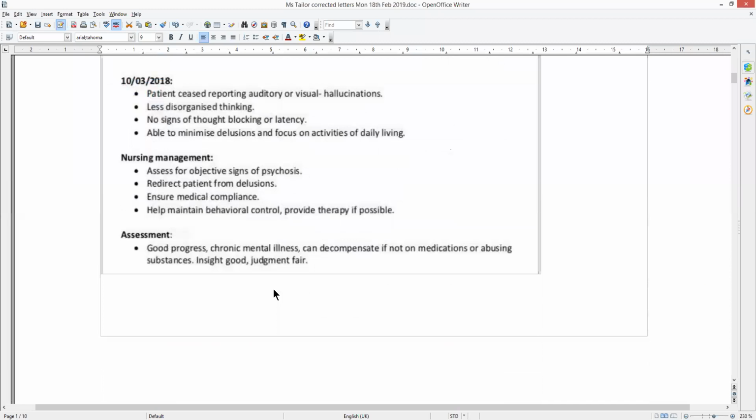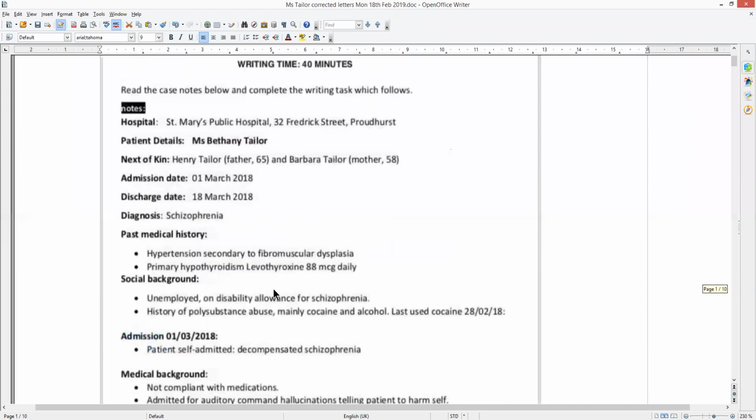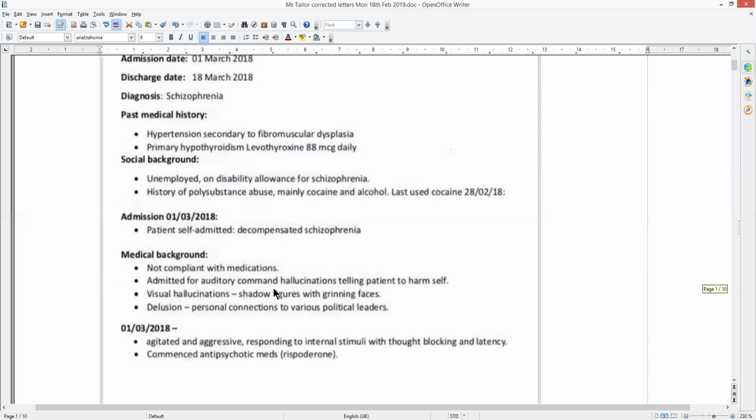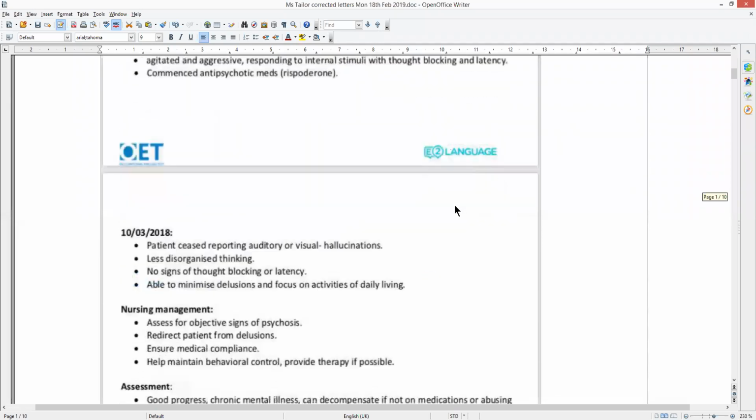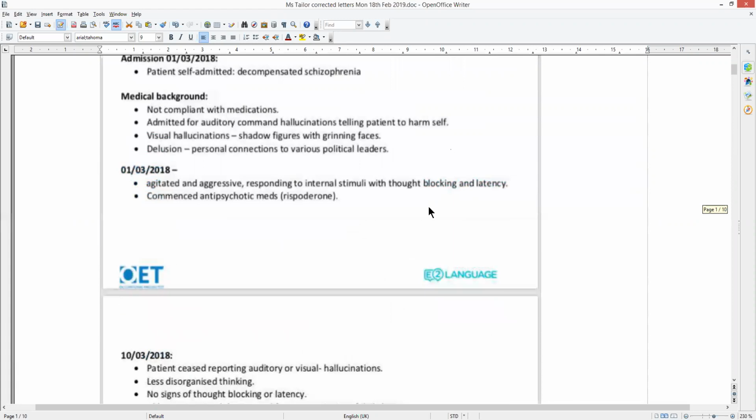So I would have mentioned something. Admitted herself following a cocaine episode the day before or something. But, you know, here it says she used coke the day before. So I would have included that.